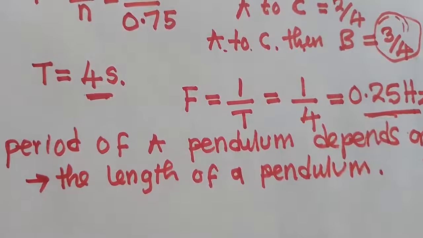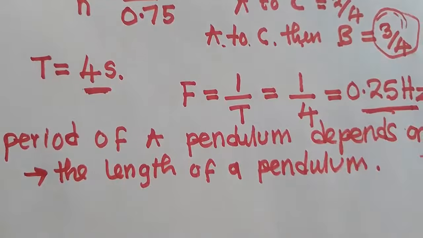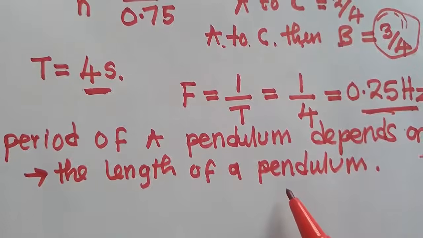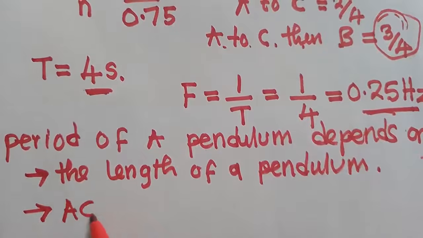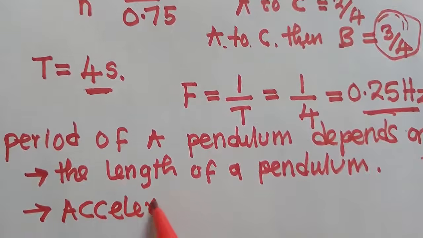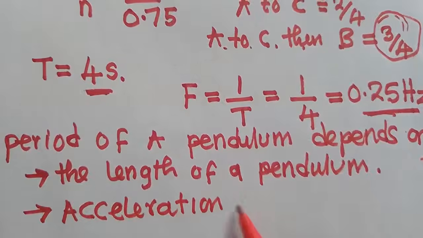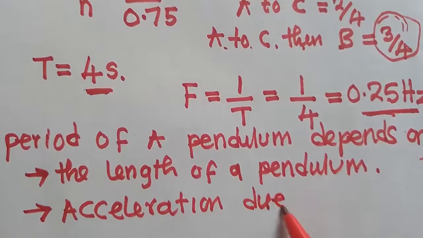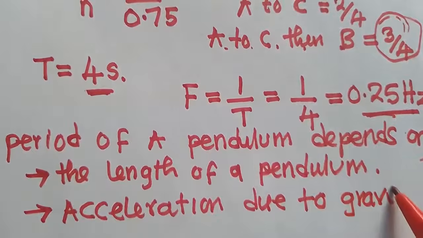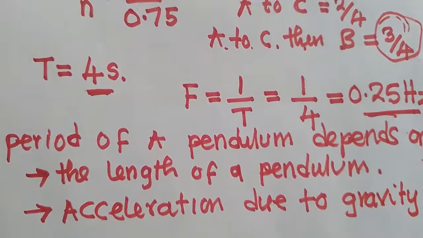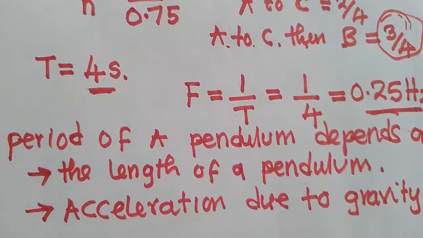So if you are told, state two factors that affect the period of a pendulum, these are the factors. The length of a pendulum. The other one is the acceleration due to gravity. I'm emphasizing this.